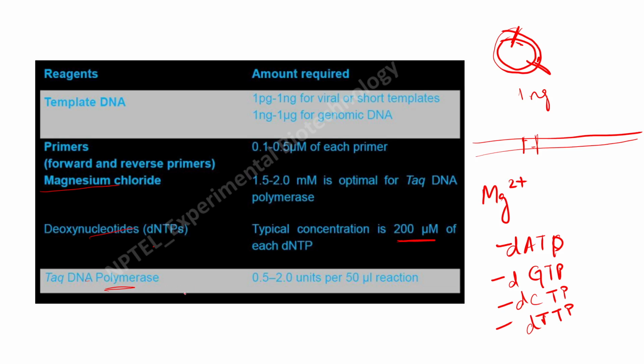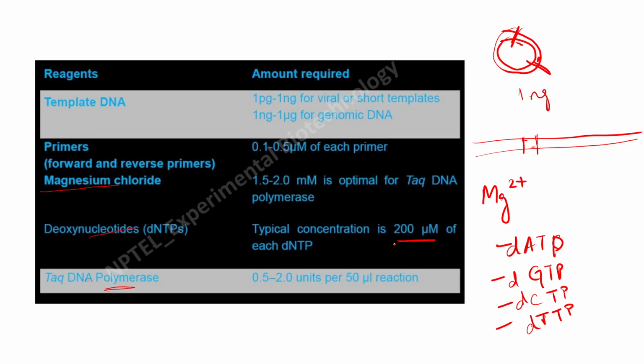Generally the lowest quantity is enough for the reaction to happen. Like 0.5 units is more than enough in a 50 microliter reaction. But sometimes if your reaction is not working, or if your enzyme's efficiency has been lost, then you can add more enzyme in order to get a perfect amplification.